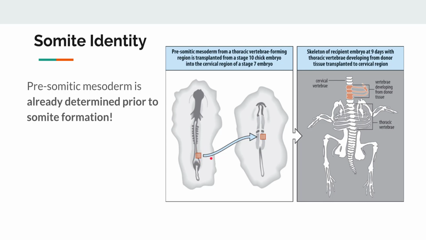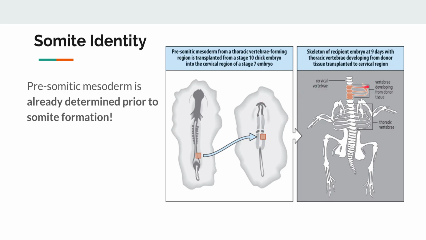That's going to be transplanted into a different embryo, okay? So a younger embryo here is a stage 7 embryo, and this is a stage 10 embryo. And you can see we're transplanting it from different regions. So here would be a thoracic region, okay? And then here we're transplanting it into the cervical region, all right? And so these are the results of the experiment.